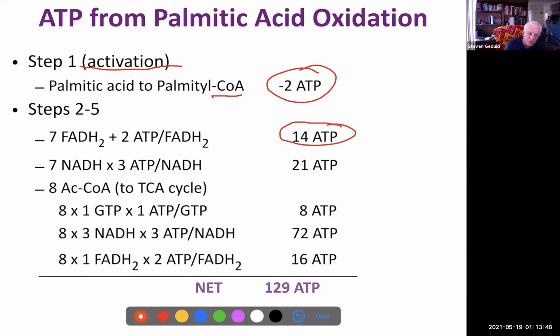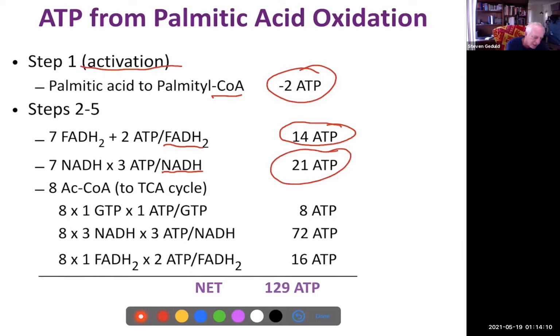You form 7 FADH2s, and each gives you 2 ATPs, that's 14. Then you form 7 NADHs, and each is worth 3, so you get 21 ATPs.